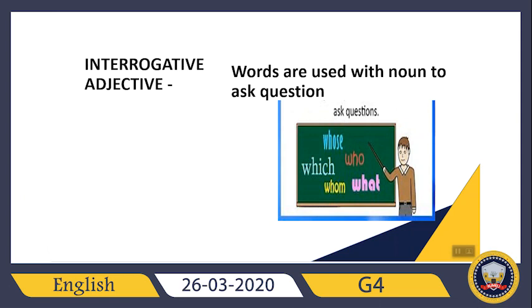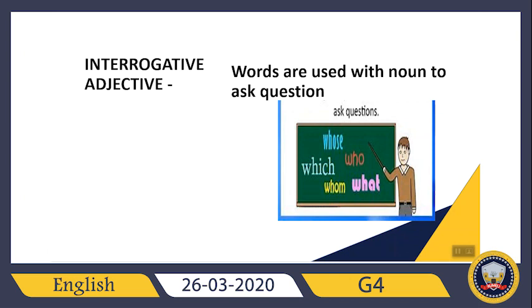Interrogative adjective is when you want to ask something, and there are words that are used with a noun to ask a question. Example: whose, which, whom, who, what. They are all what? They are all interrogative adjectives.